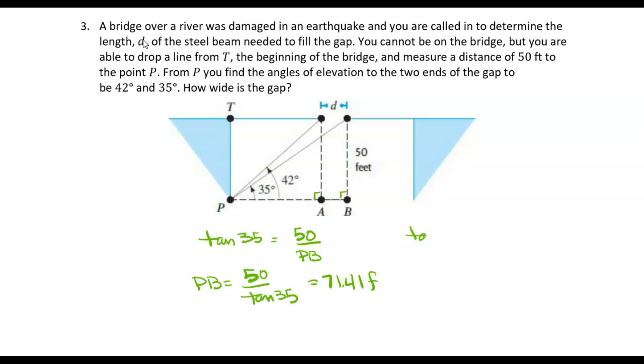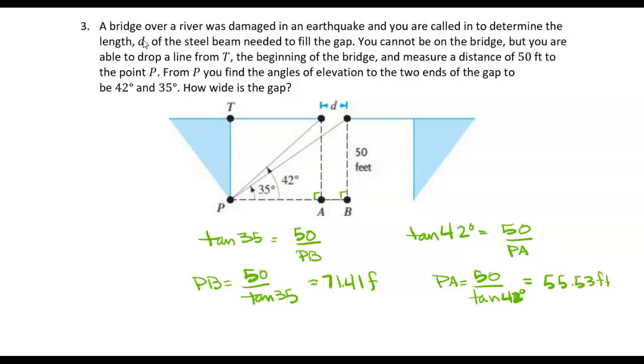Okay. We could do a similar thing to calculate PA, right? So we can write that the tangent of 42 degrees is equal to 50, the opposite side, over PA. Okay. So that gives us that PA is equal to 50 over the tangent of 42 degrees, and that gives us 55.53 feet.